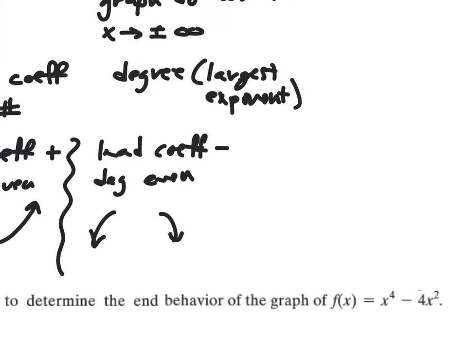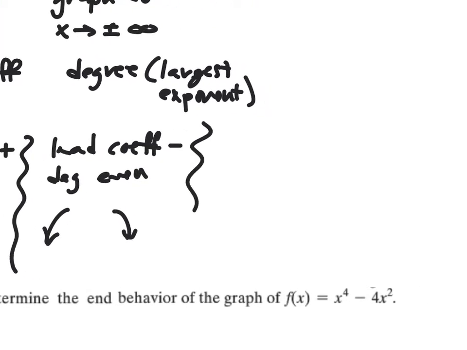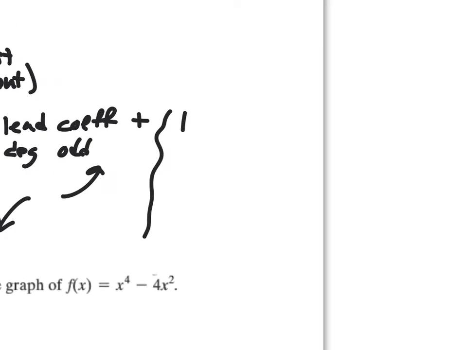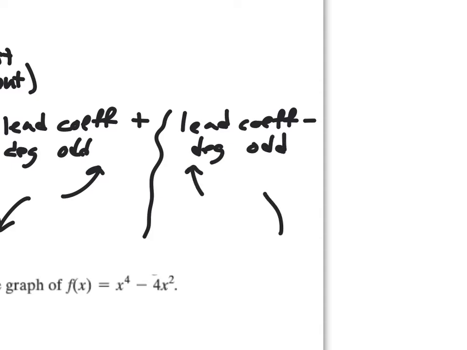Similarly, if you've got a leading coefficient that's positive and your degree is odd, then you would go down to the left, up to the right. If your leading coefficient is negative and your degree is odd, then you go up to the left, down to the right.